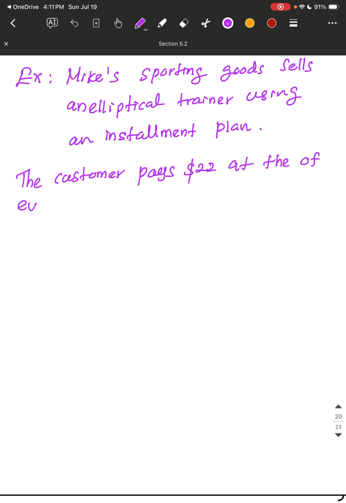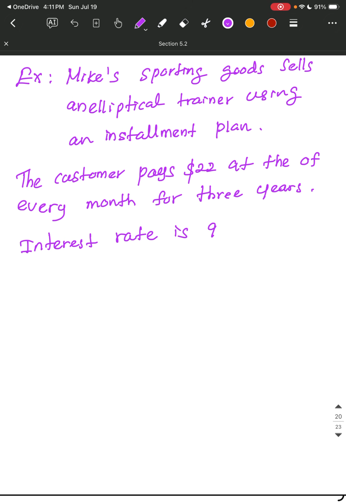Interest rate is 9% per year, compounded monthly. Find the equivalent cash price today.